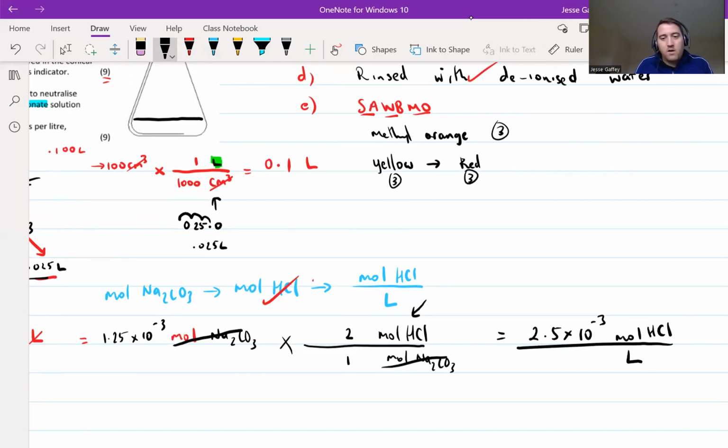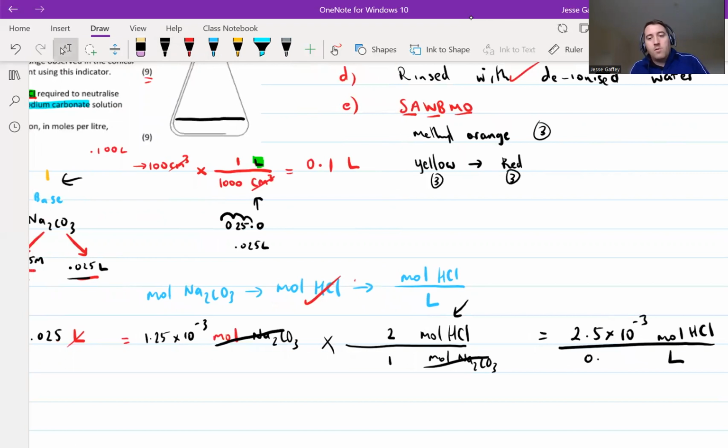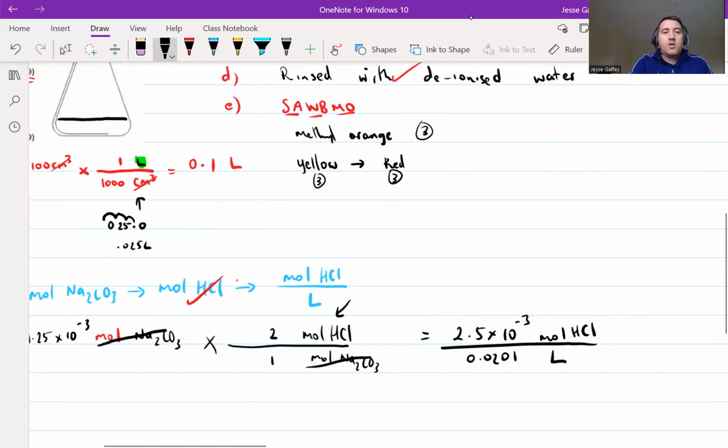I need to find out how many liters I used in a titration, and as you can see, we worked it out up here that it was 0.0201 liters. Checking my units to make sure they're right, here we go, moles over liters. So I know I've got it right. It's moles per liter of hydrochloric acid.